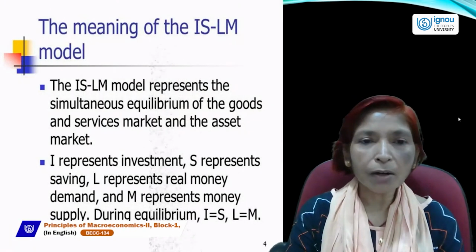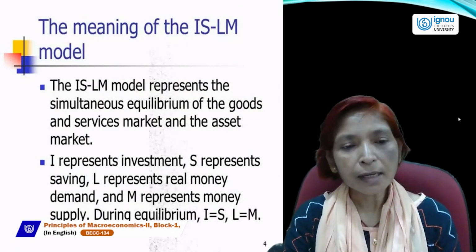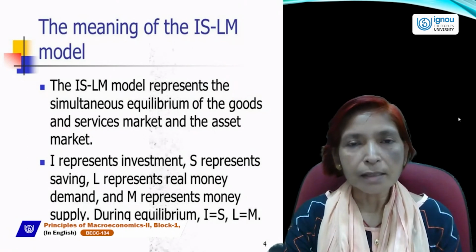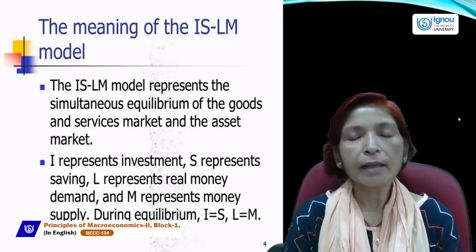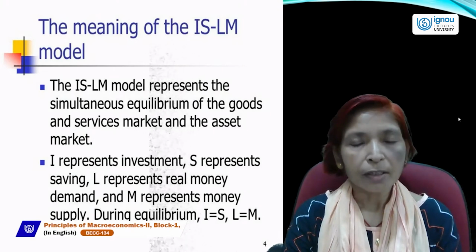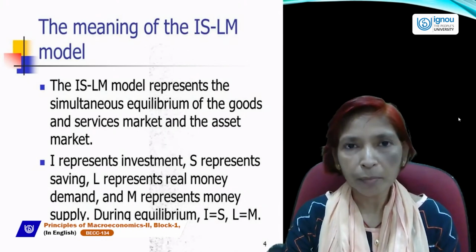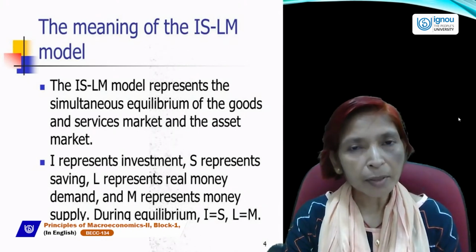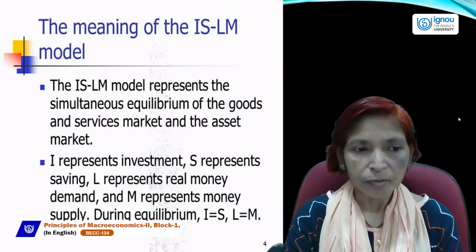Next is the meaning of the IS-LM model. The IS-LM model represents the simultaneous equilibrium of the goods and services market and the asset market. Generally, IS represents goods market equilibrium and LM represents money market equilibrium.